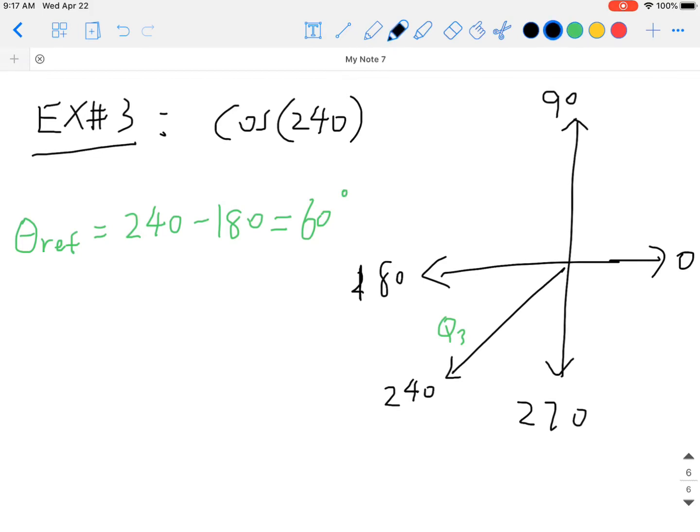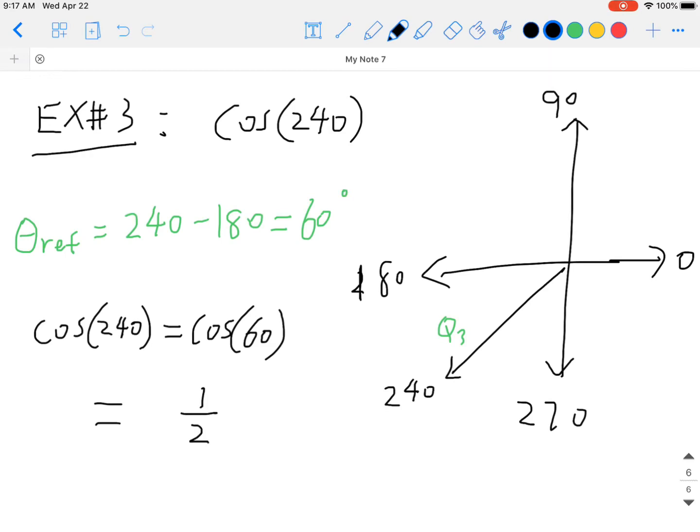Afterward, we have 60 degrees, then we can plug back in: cosine 240 is exactly the same thing as cosine of the reference angle 60. And cosine 60, according to the exact value table, is 1/2. And what about the sign? Is it positive or negative?